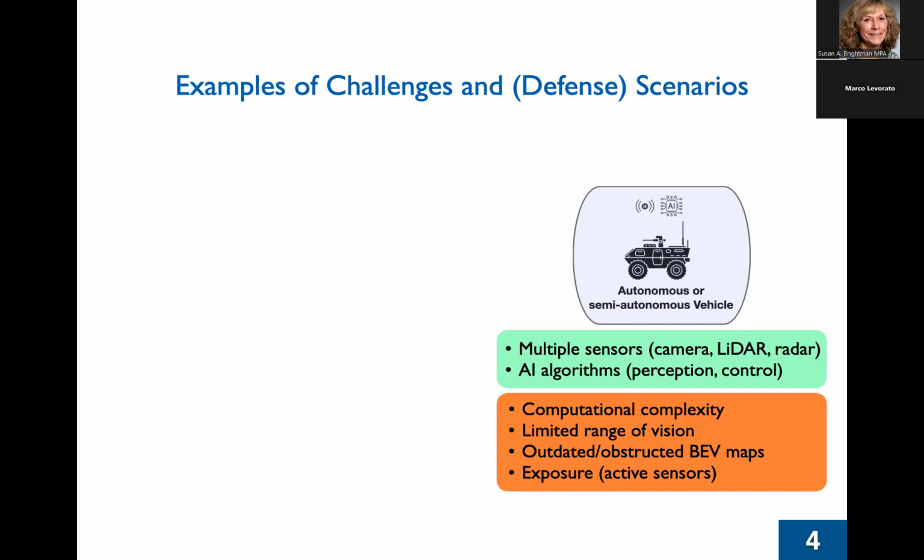So you do have a problem of computational complexity, but you have some problems that are a little beyond that, which is, okay, you have a limited range of vision, or you have outdated or obstructed bird eye view information to navigate, right? And plus, there are some problems from a defense perspective about exposure. When you use active sensing, you expose the vehicle to detection and so on and so forth.